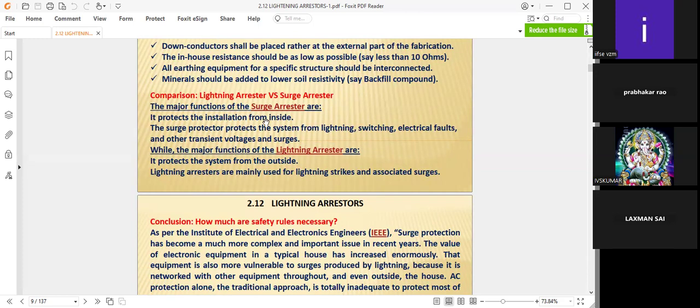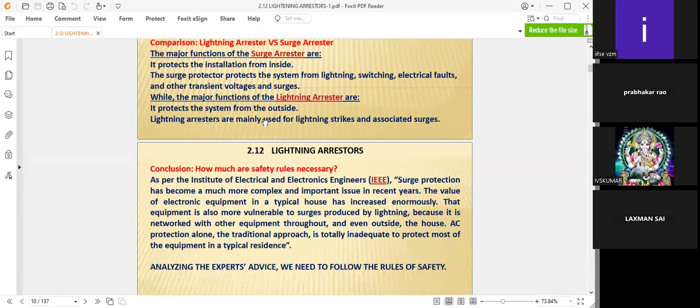Normally, 90% of industries go for lightning arresters only. Surge arresters are used so the equipment is not damaged, arranged in the circuit itself to cover a small area. Surges mean sudden leakage of current or high voltage.